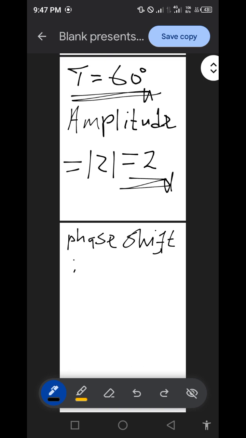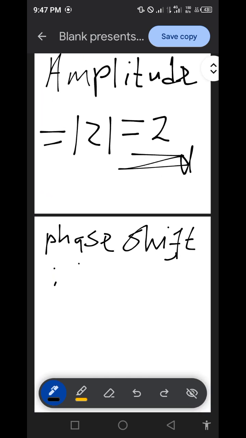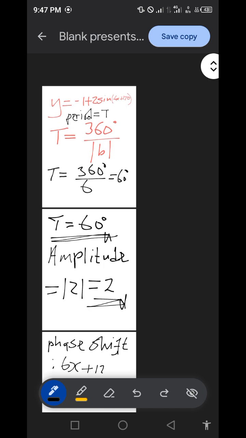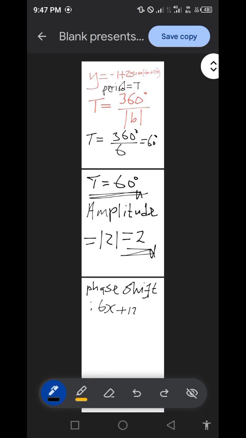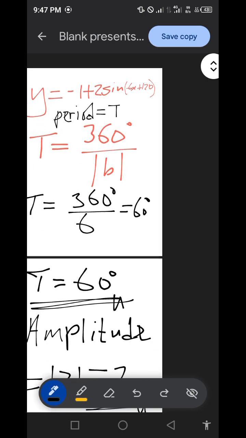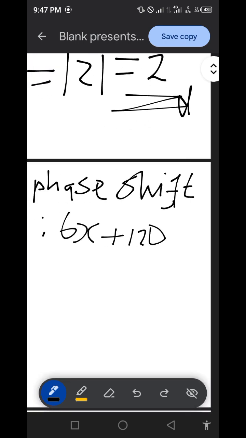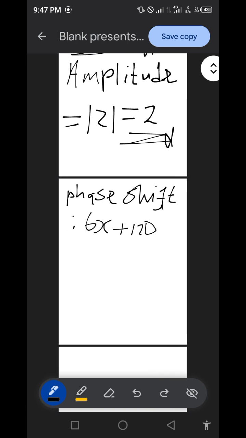So we are saying phase shift is such that 6x plus 120, equals 0. So this is degrees.